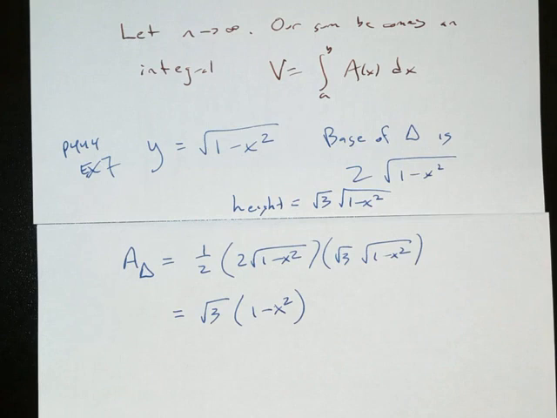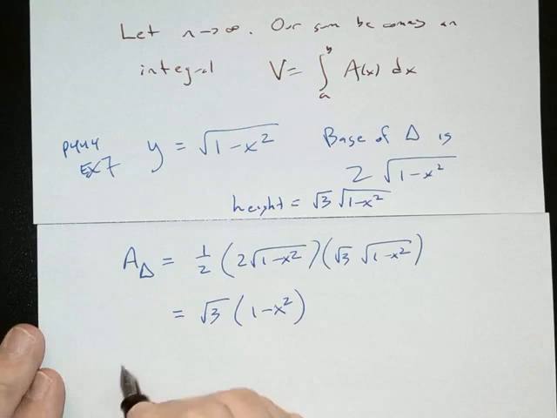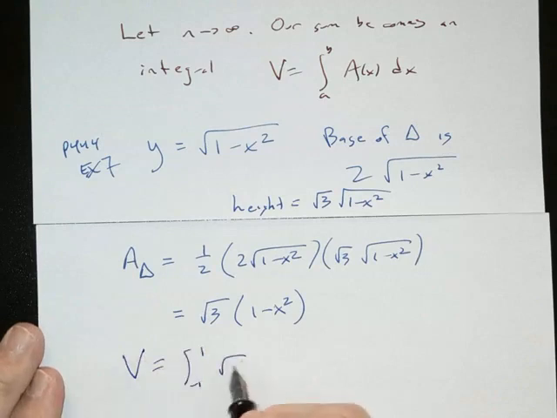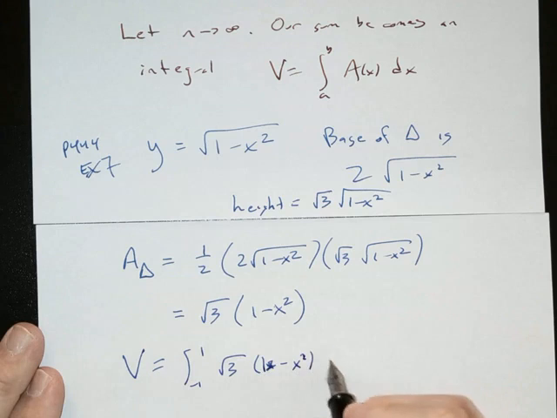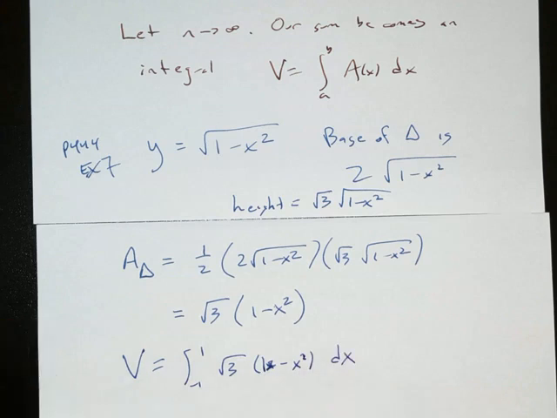The circle has radius 1. So my shape goes from -1 on the left to +1 on the right, and that means the volume is the integral from -1 to 1, area times thickness. And fortunately for me, that is an easy integral to compute.